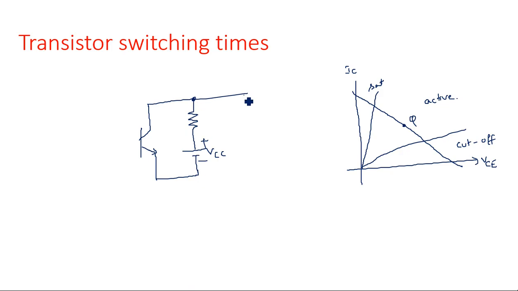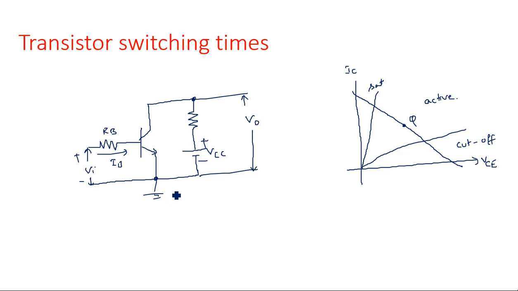Here we are taking the output. This is the place we are collecting the output, and this is the input resistance RB. The current flowing through this resistance is IB, and here we are giving the input voltage.